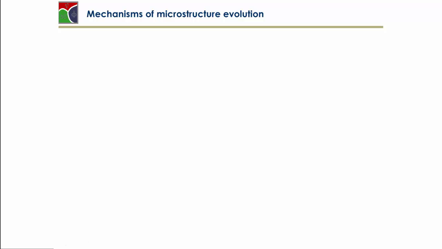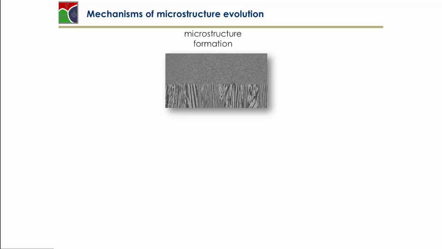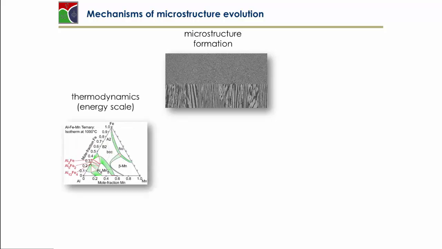So let's come to the mechanisms of microstructure evolution. If you have a microstructure like this one here on the top, then the formation of this microstructure is governed by three different areas. First, the thermodynamics provide the energy scale, which tells us when a phase is stable at all.